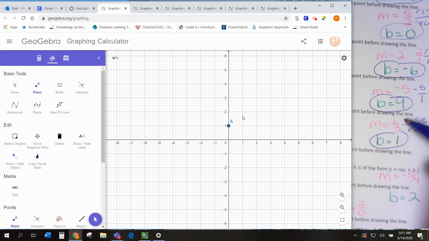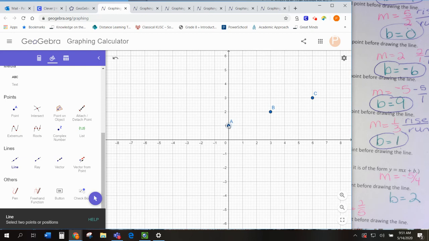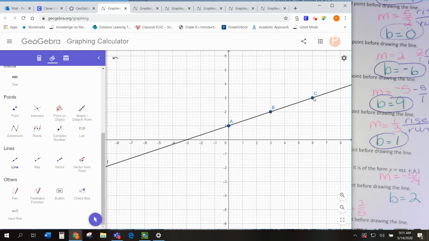We're going to go up 1 and over 3 starting at our y-intercept of 1. Starting right here at point A, we go up 1 and over 3: 1, 2, 3. We can do it again, up 1 over 3: 1, 2, 3. And then we connect our line.